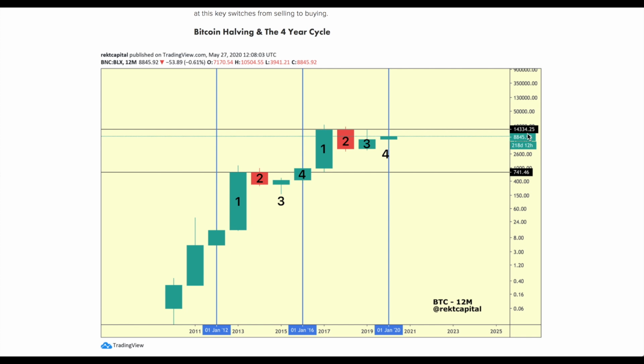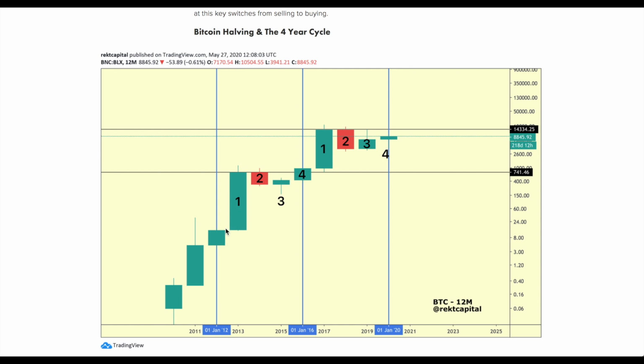But what I also want to talk to you guys about is the halvings and how these Bitcoin halvings situate themselves in the cycle, in the 4-year cycle. And this price positioning of the halvings is really interesting because here's halving 1, roughly speaking, here's halving 2, and here's halving 3. And of course, these are 12-month candles, so these aren't the correct dates of the actual halvings, but these are the years of the halvings, which is essentially my point.